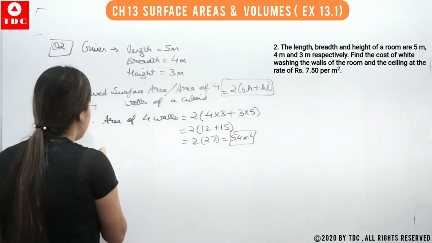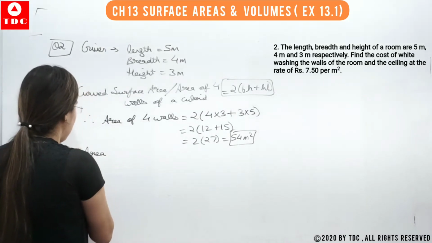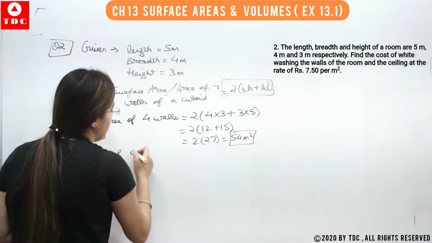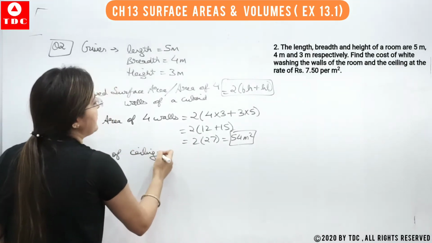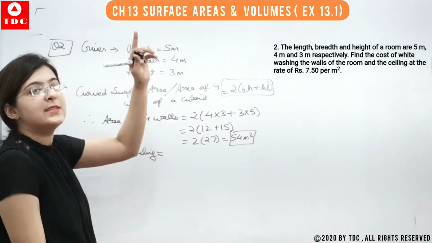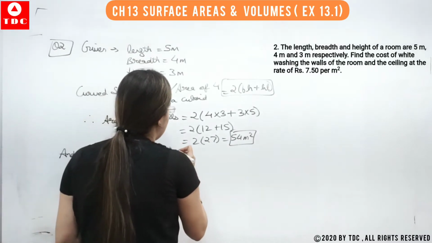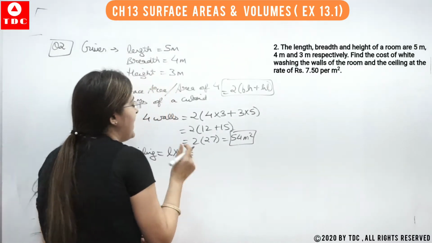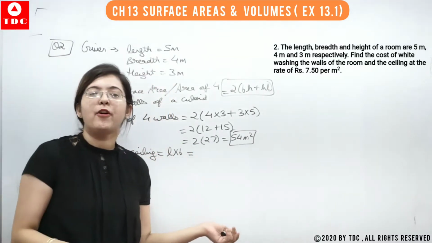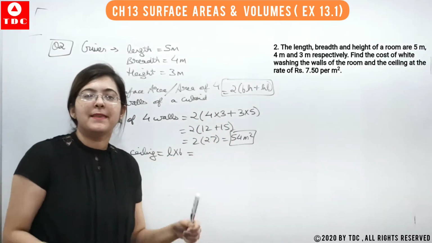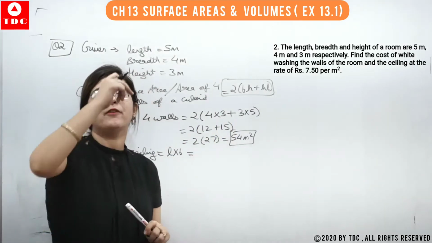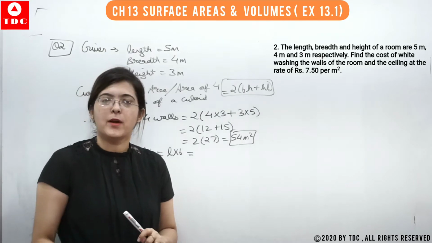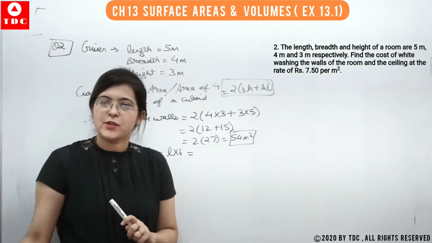Now what will be the area of the ceiling? Okay, we also want to whitewash the ceiling. So the ceiling's area would be separately length into breadth. Why? Because in the formula we have 2 LB. That means that 2 LB is of the ceiling and the floor. But we don't want to whitewash the floor.